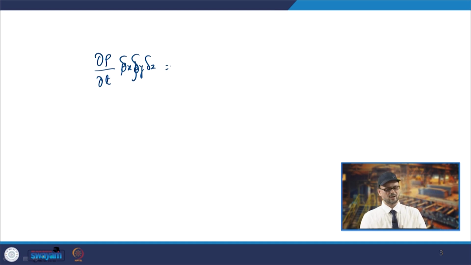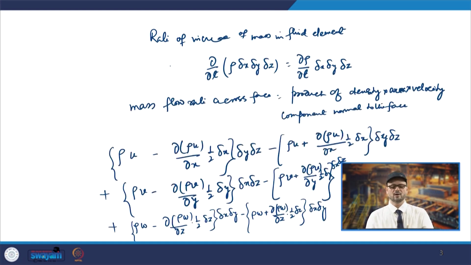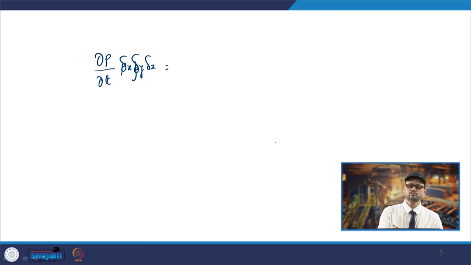That will be equal to the term ∂(ρu)/∂x times δx δy δz. So it will be equal to minus ∂(ρu)/∂x δy δz.